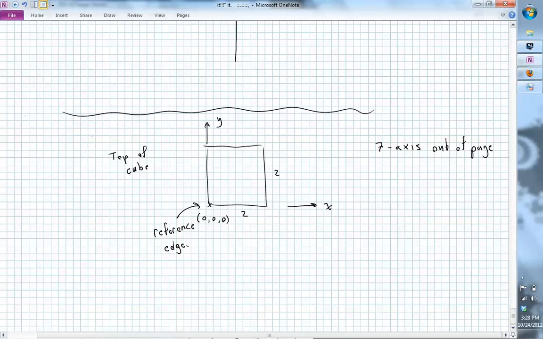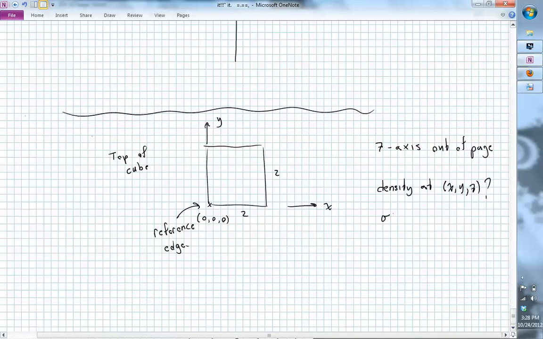What's a formula for the density at the point x, y, z? Hannah. X squared plus y squared. No z, right? All we care about is how far we are from that reference edge. Remember, the vertical doesn't matter.